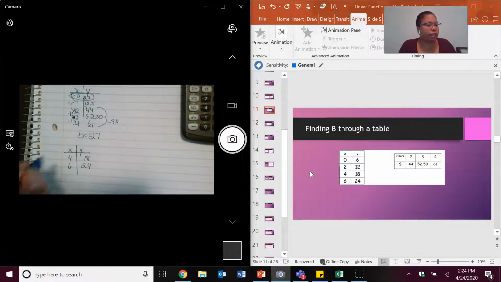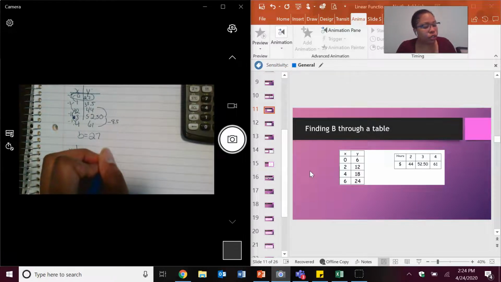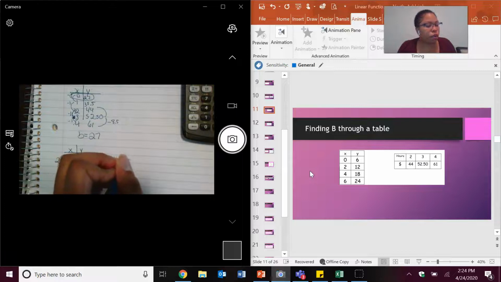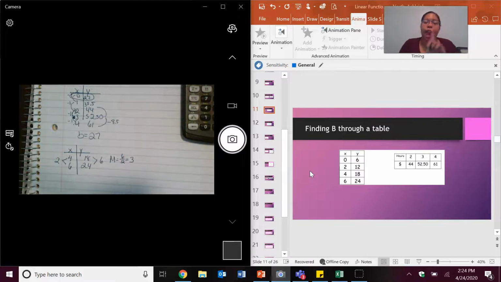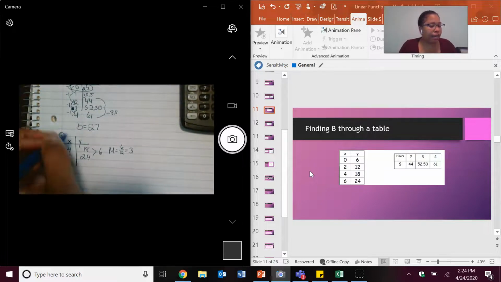What you would do is see what's my difference between 4 and 6, which is 2. 2 plus 4 gives me 6. And then I will look for the difference between 18 and 24, which is 6. I will then do 6 over 2, which gave me 3. So now that I found my M, correct? First step, find M.